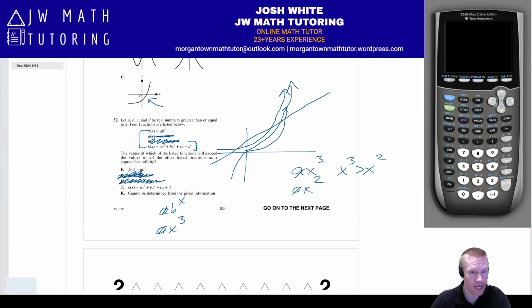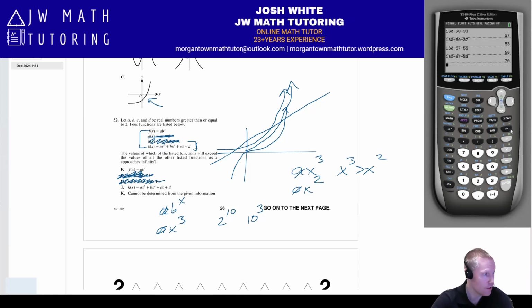We can just pick any values we want. They're greater than or equal to 2, so let's say b is 2 and x is 10. So we're comparing 2 to the 10th versus 10 cubed. Let's just go to the calculator.